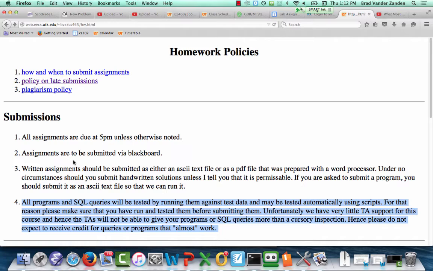In the past, what has happened is students have said, well, I just wrote out the query. I thought it worked. I never actually tested it. Why didn't I get credit for it? Well, it's because it's like a program. It works or it doesn't. So please make sure that you have tested and run your queries before you submit them.